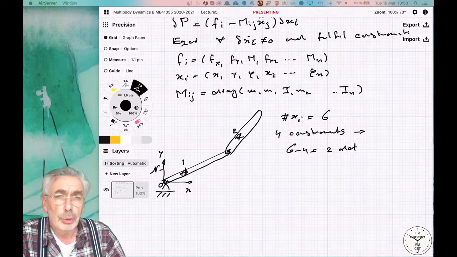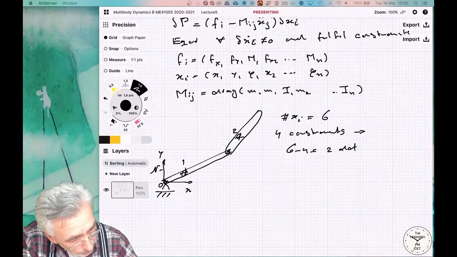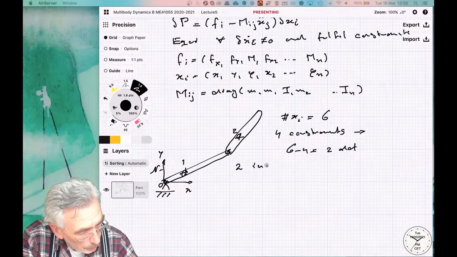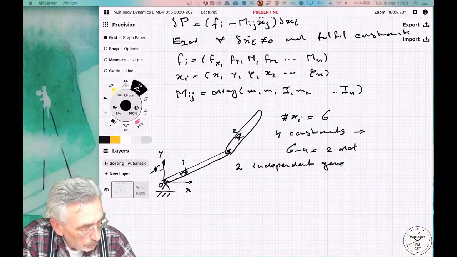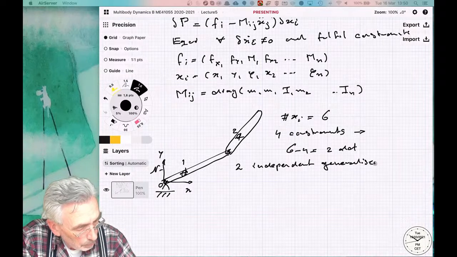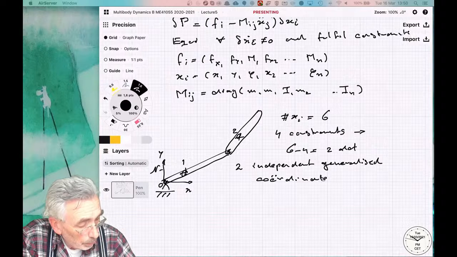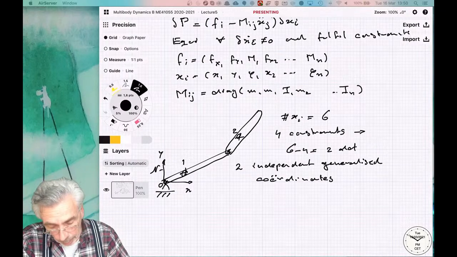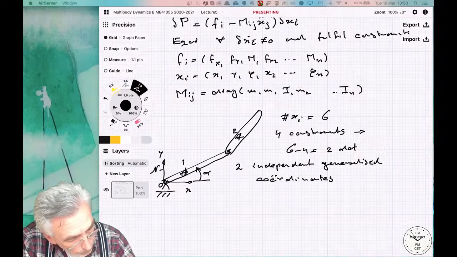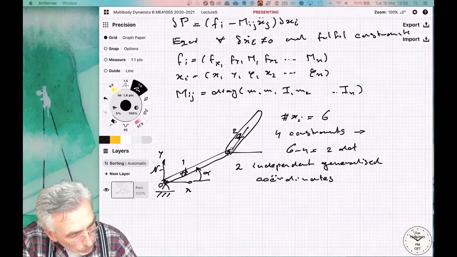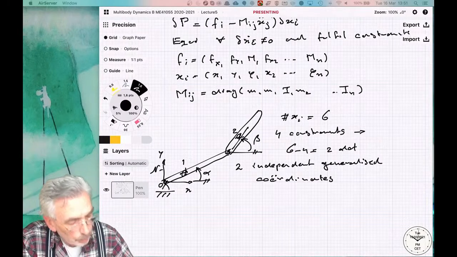So we can choose two independent generalized coordinates, and you're free to choose. Like last week, we can take anything. For now I'm going to choose this angle alpha with the x-axis, and here's also the absolute angle beta, so this one is parallel to this one.